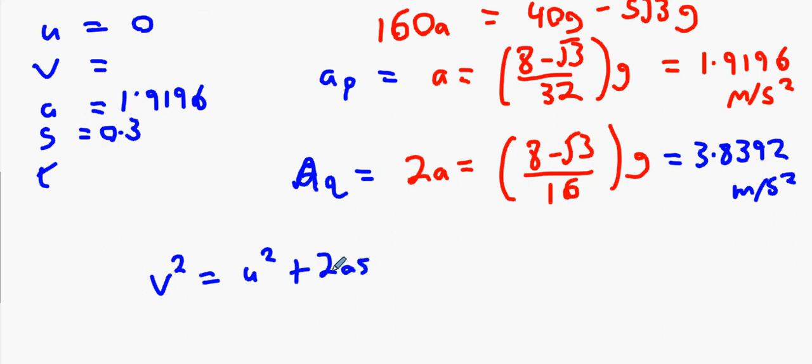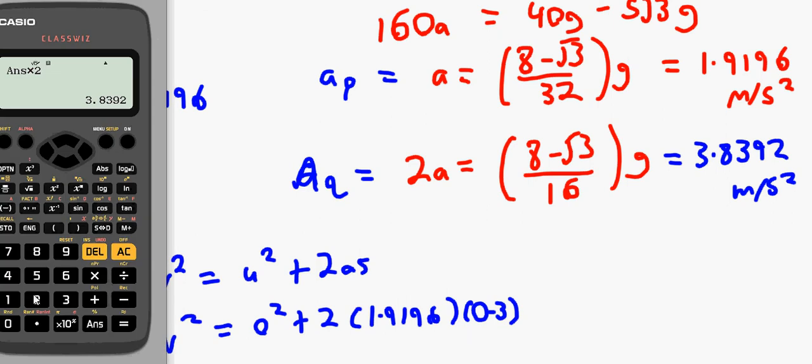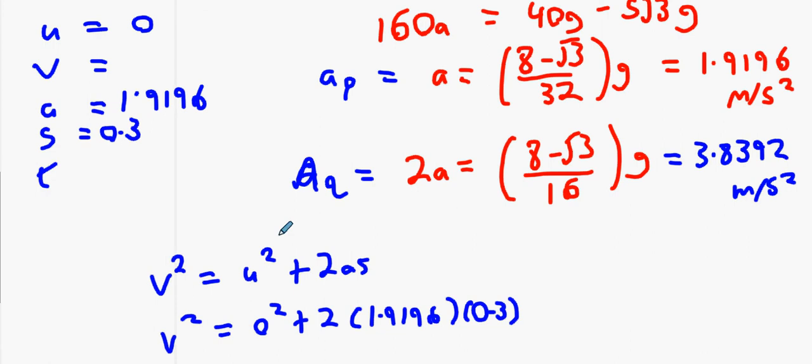What do we get then? v squared equals 0 squared plus 2 times 1.9196 multiplied by s. Multiply that out and square root it. We're good to go. Square root the answer. 1.07. Okay, all good.